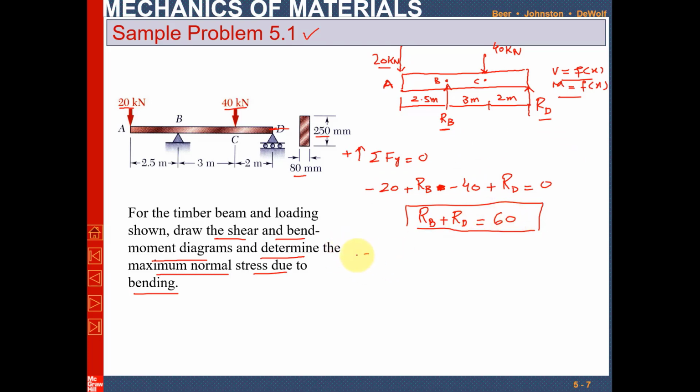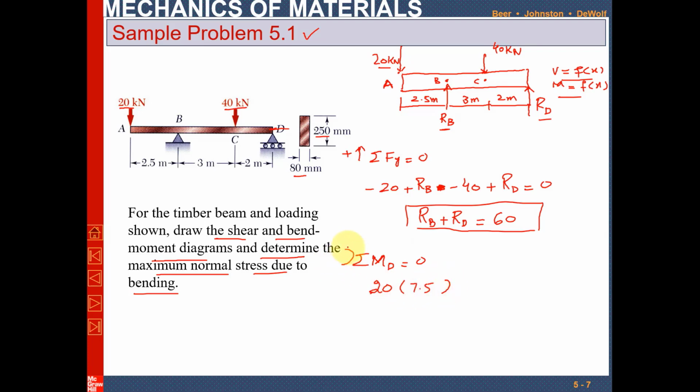Now the second equation that we will use is the sum of all moments. You can take it at either point B or point D. So let's take it at point D is equal to 0. One force that is producing moment is 20, and its perpendicular distance is 2.5, 4.5 and this 3, 7.5. So 20 into 7.5.